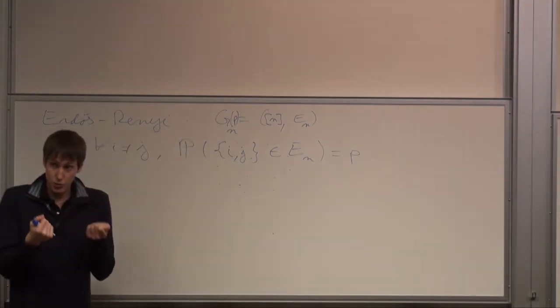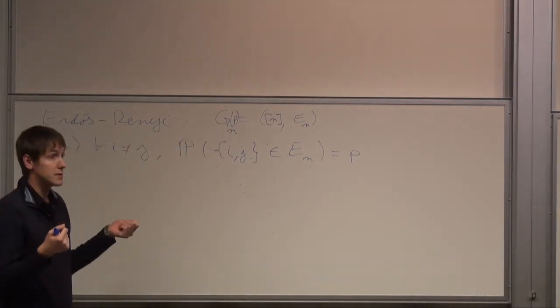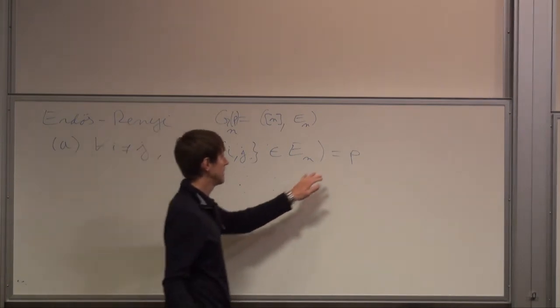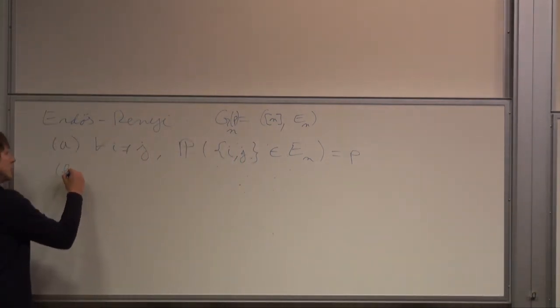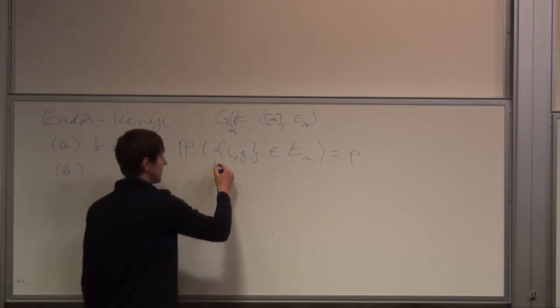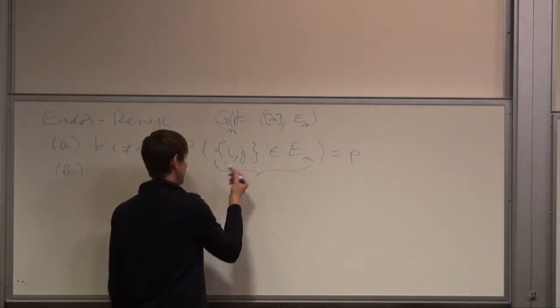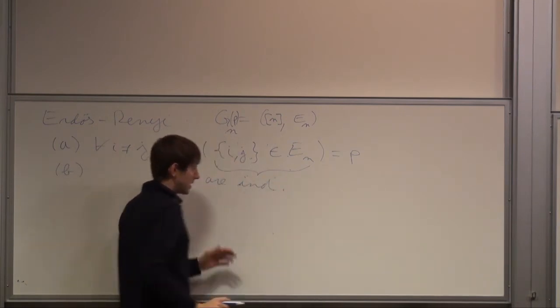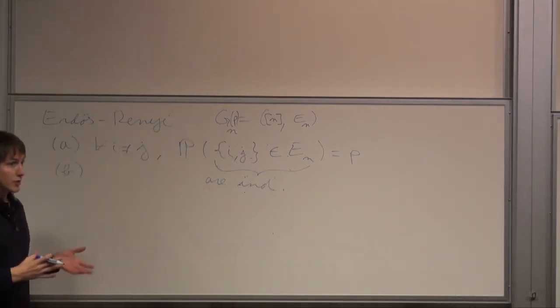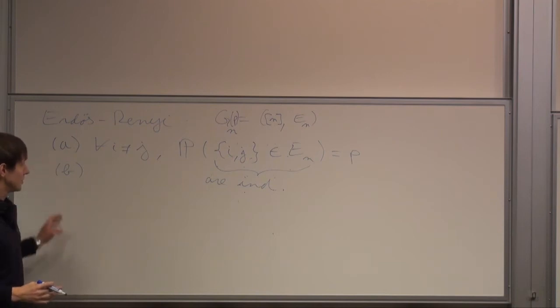It means that if I take two nodes, the probability that they are connected is p. That's the first property of an Erdős-Rényi graph. The second property is that these events are independent. And these two properties define the probability distribution over graphs on n nodes.